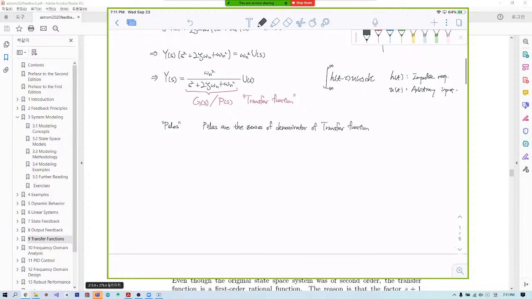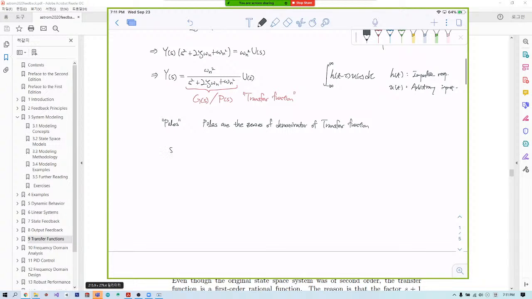Okay, so in this case, we're gonna have s squared plus 2 zeta omega n s plus omega n squared equals 0, and we can just use our famous formula to find the zeros of this polynomial equation. It's gonna be negative zeta omega n plus or minus omega n times the square root of zeta squared minus 1.